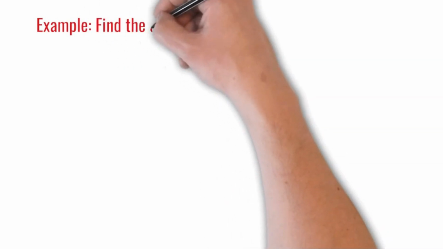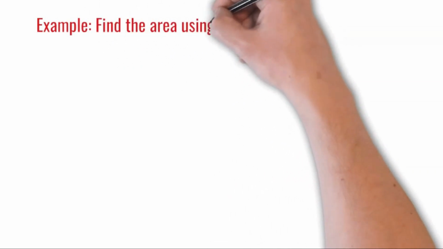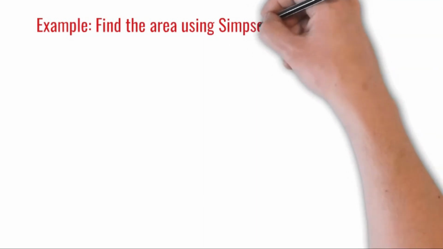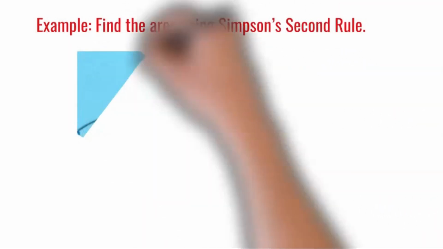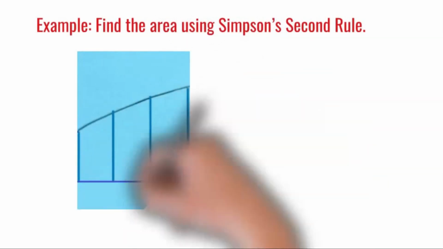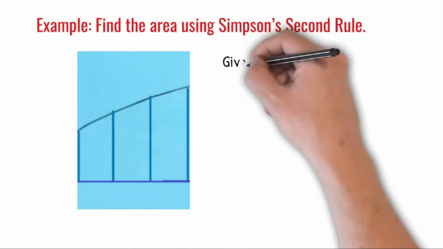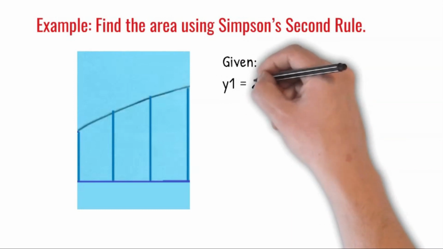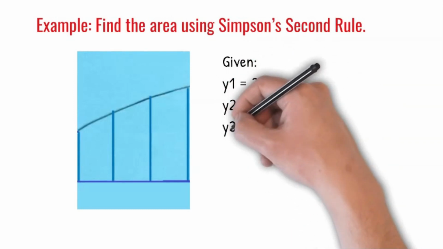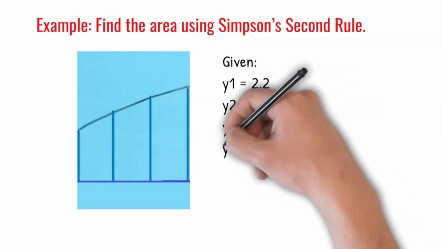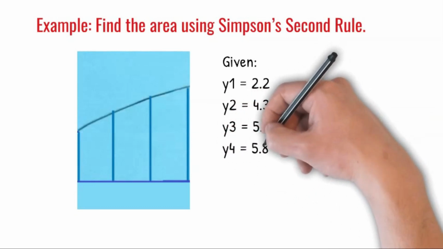Example: find the area using Simpson's second rule. Given y1 equals 2.2, y2 equals 4.3, y3 equals 5.2, y4 equals 5.8, and height equals 2.